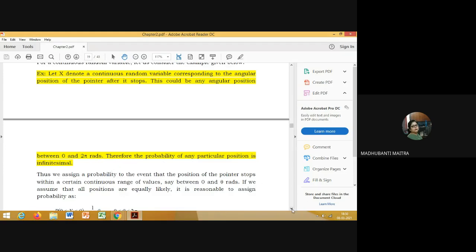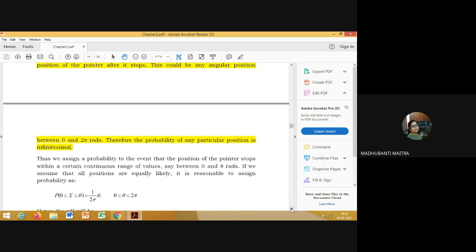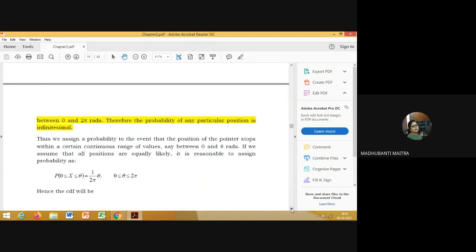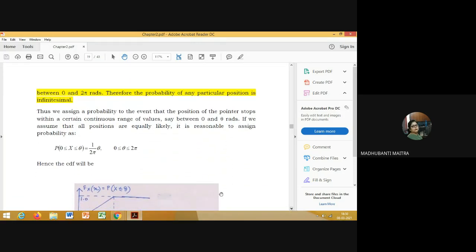Okay, so the probability of any particular position is 0, since this event will be described with the help of a continuous random variable. So we assign a probability to the event that the position of the pointer stops within a continuous range of values, say between 0 and theta radians.